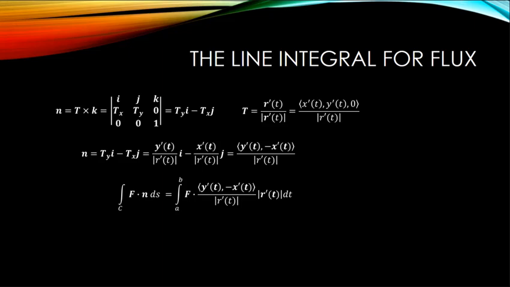But you'll notice that the magnitude of r prime of t cancels out, so that my integral becomes the integral from a to b of f times y prime of t minus g times x prime of t dt, where f and g are the components of my force vector F. Another way of writing this is the line integral over C of F dotted with n ds is equal to the line integral over C of f dy minus g dx.